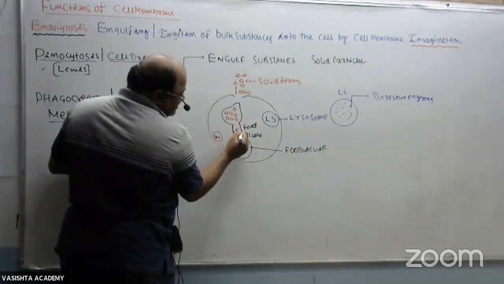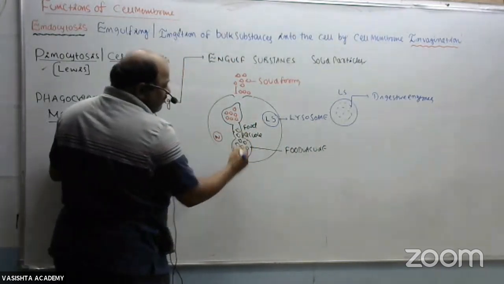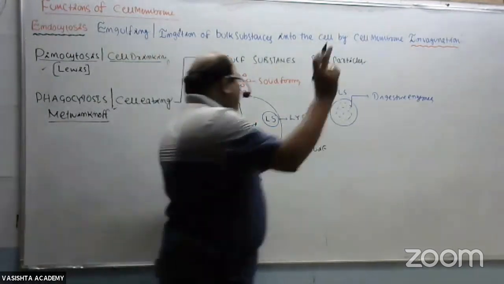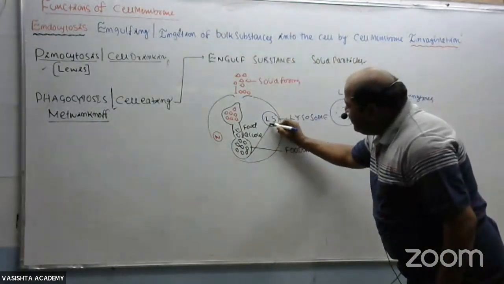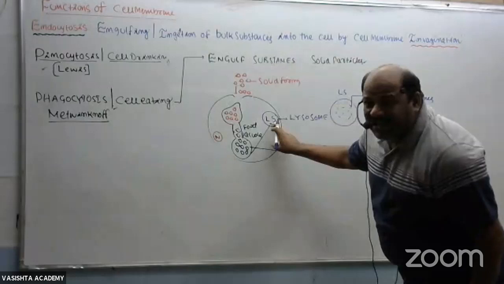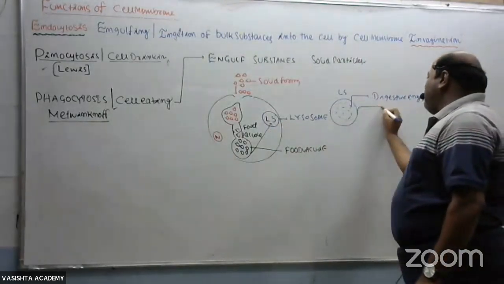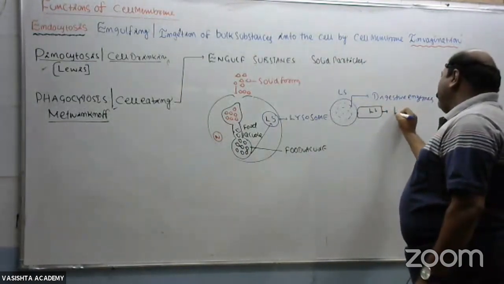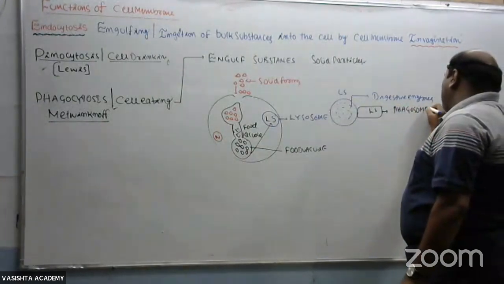The entire structure, the invagination formed from the cell membrane, is combined with a vacuole and formed as a food vacuole. Look here. Further, this food vacuole is combined with the lysosome. Whenever it combines with the lysosome, finally it becomes a phagosome.